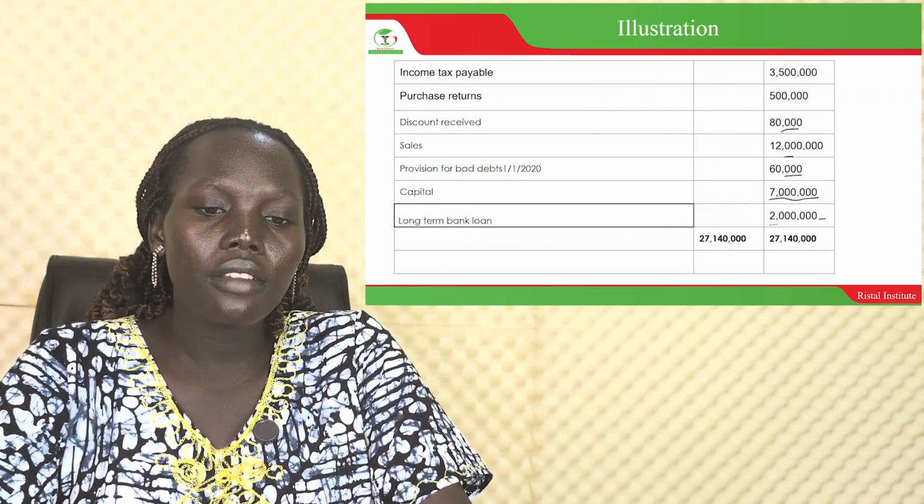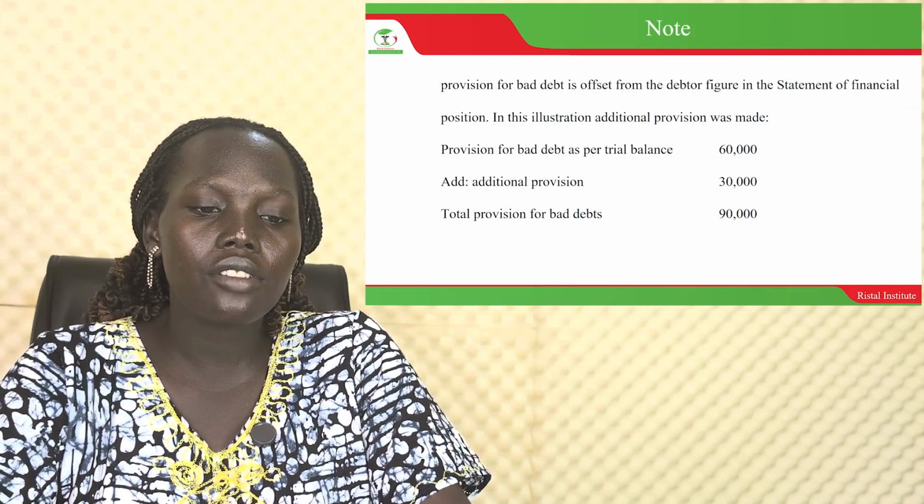They've given us an opening stock of 600, so you write 600,000.